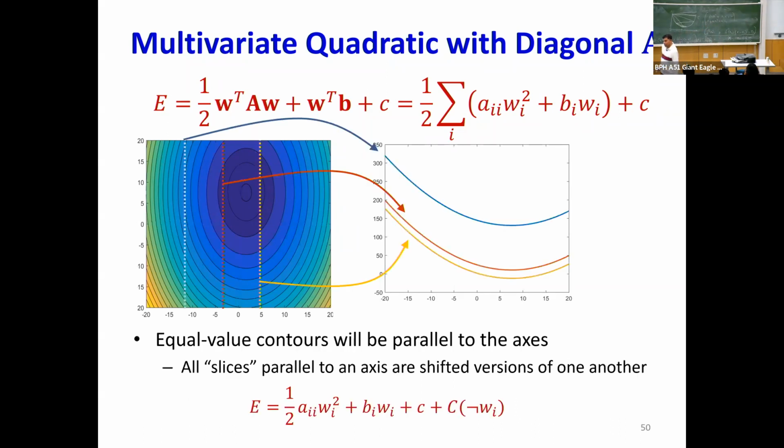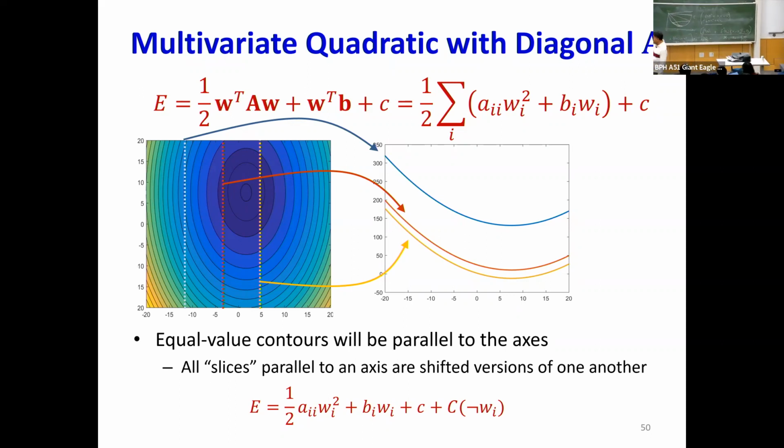And here's what it's going to look like. If I take vertical slices, at different values of x2, this part is not a function of x2, so the minimum of the first component is going to be the same regardless of x2.